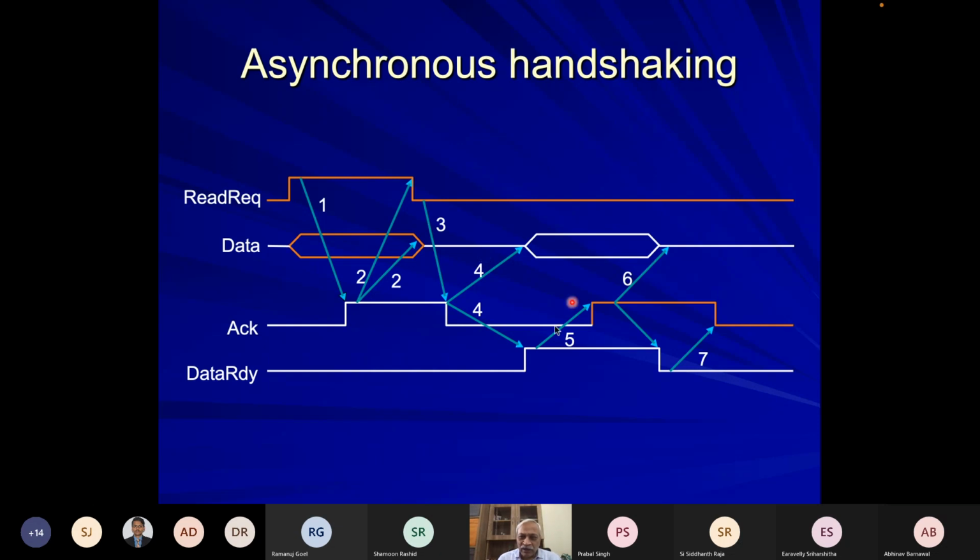Whether we can combine these or have to keep these separate has to be seen in a larger context. But if we were looking at just these two devices, it is possible that we make an assumption that the slave will ensure that before it makes data ready one, it will put acknowledgement down. So either way, one could work it out.